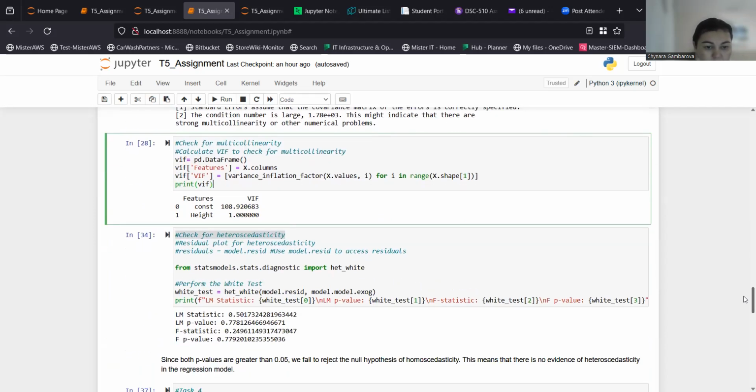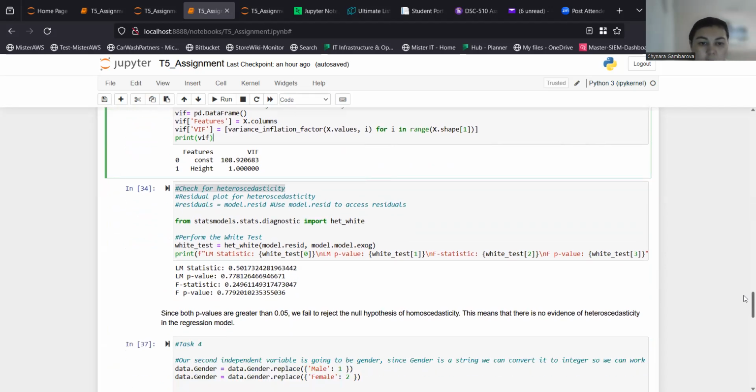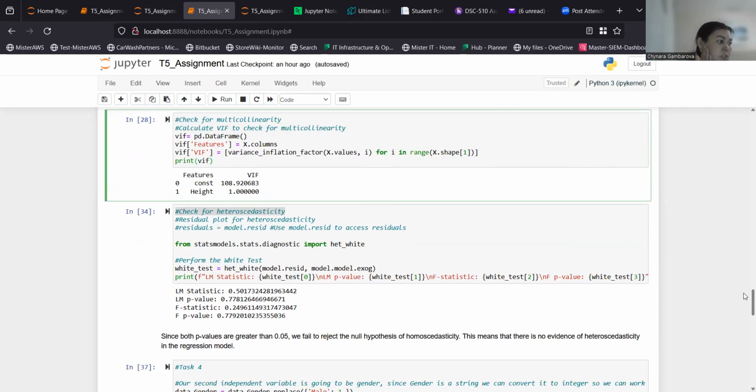So task 4, build a multiple regression model to predict weight based on height and age. So here we are going to a multiple regression model. If in the previous model we had only one independent factor, here we are adding another independent factor.